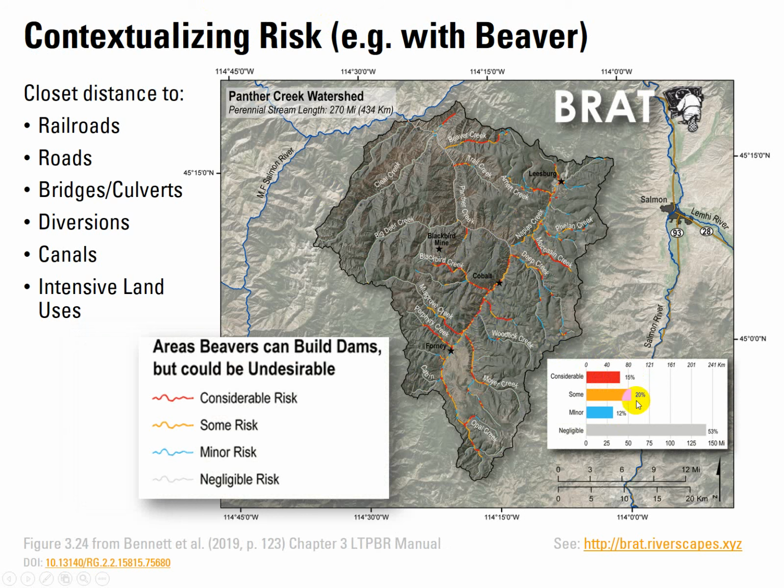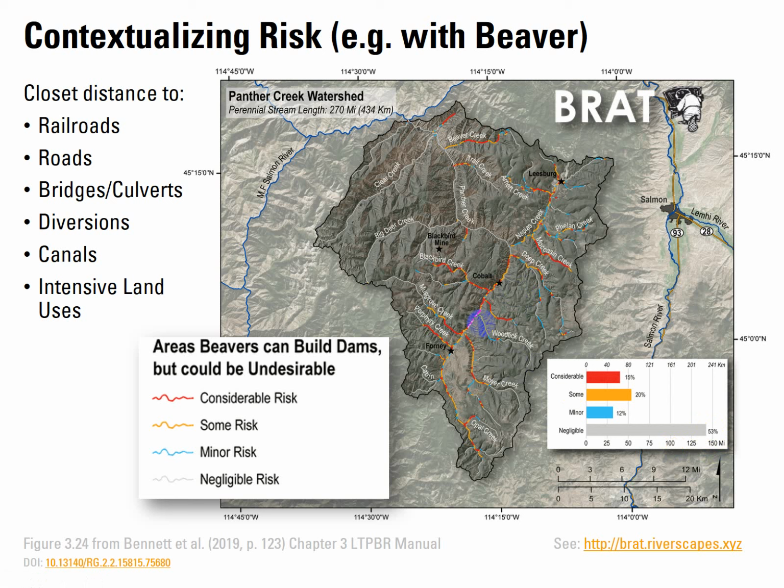There's a bunch of it in this intermediate category, a bunch in minor, and over half in negligible. You could play with the knobs on where your tolerances for risk are, but out of the box, BRAT takes a very conservative view of this, and you can use that to prioritize and look at really low risk areas.